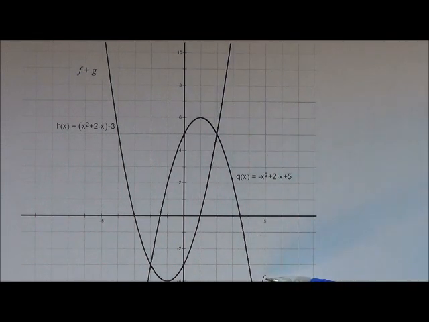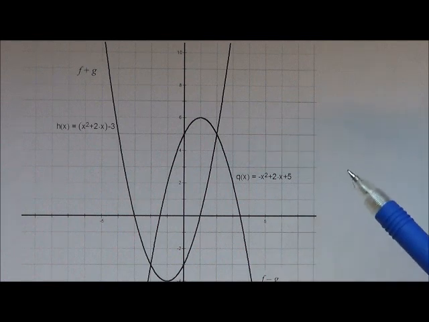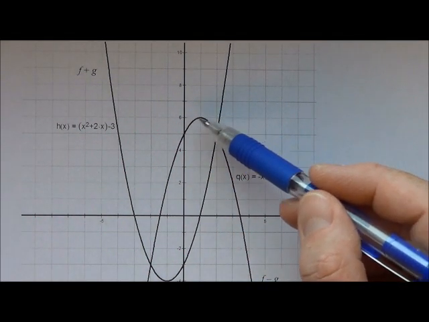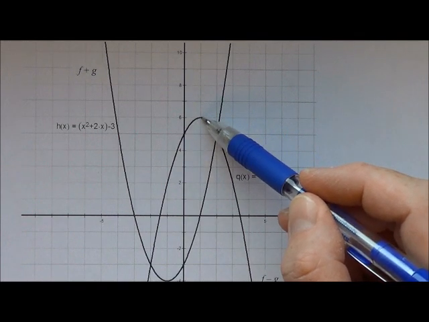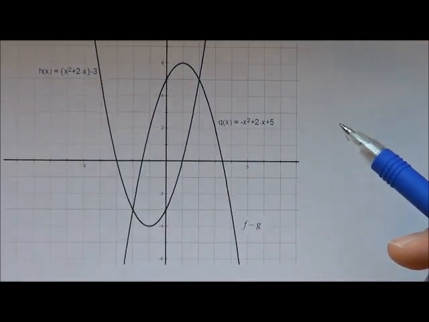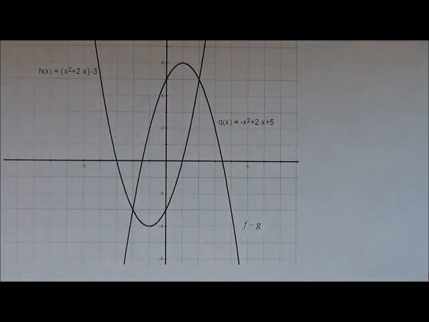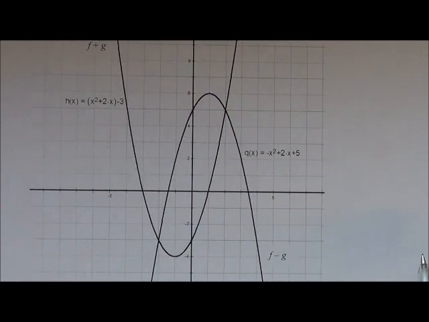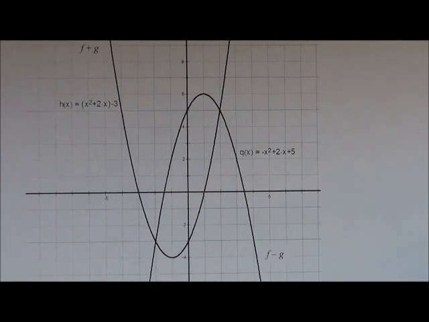Because we did f of x minus g of x, that flips the parabola x squared minus 4, and it also moves the whole parabola over to the right one. Those are the two graphs for f plus g and f minus g. Make sure that the graph you sketched when you paused the video matches these graphs.